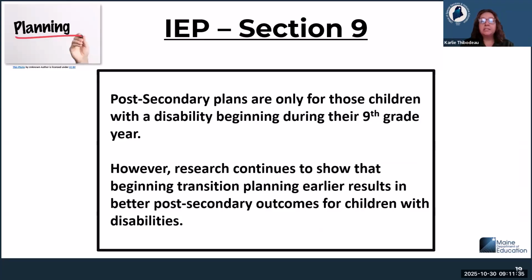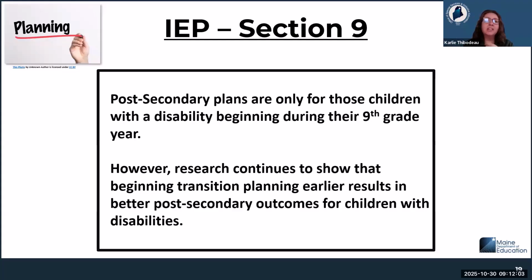And just another note that these transition plans, these post-secondary plans, are only for students with disabilities, and again, beginning their 9th grade year here in Maine. However, it is said that the sooner you start talking about transition and starting this with the students has a better outcome for them.